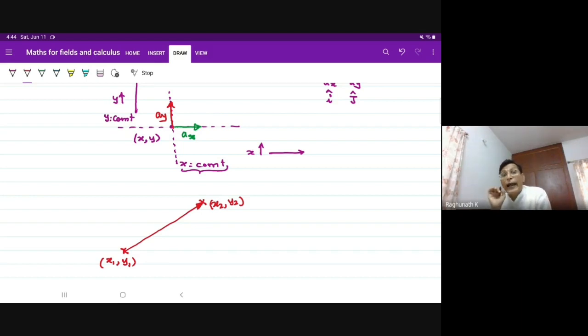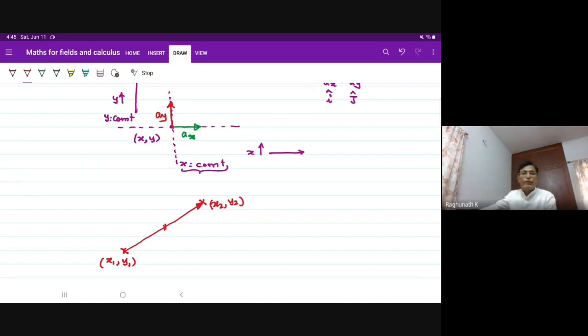Whenever I want to add so many vectors in xy plane, I will add all their x components, get the x component of the resultant vector, and y component by adding all their y components. Because addition is performed component wise, one of the very useful mathematical representation of the vector is the resolved standard component form.